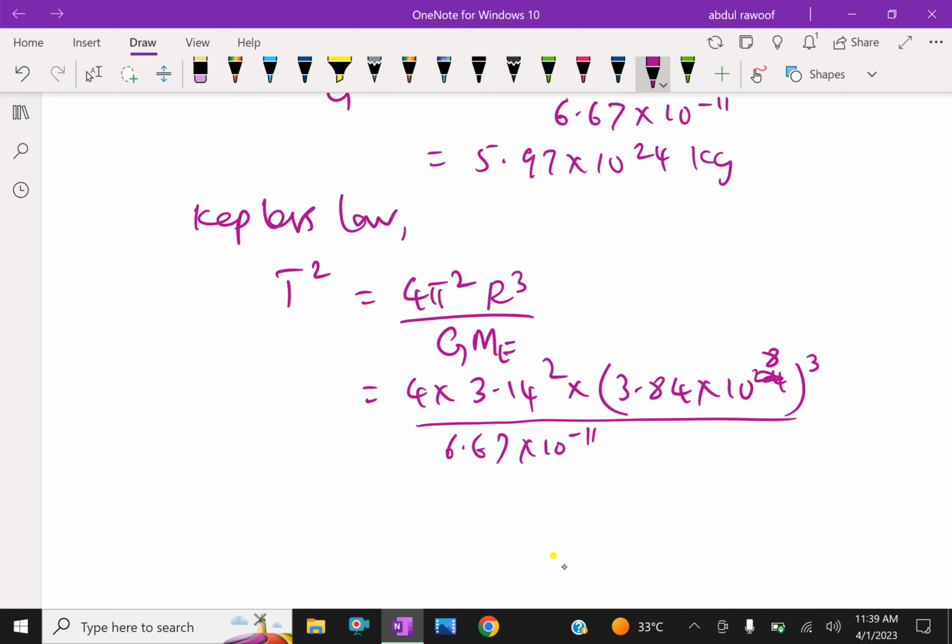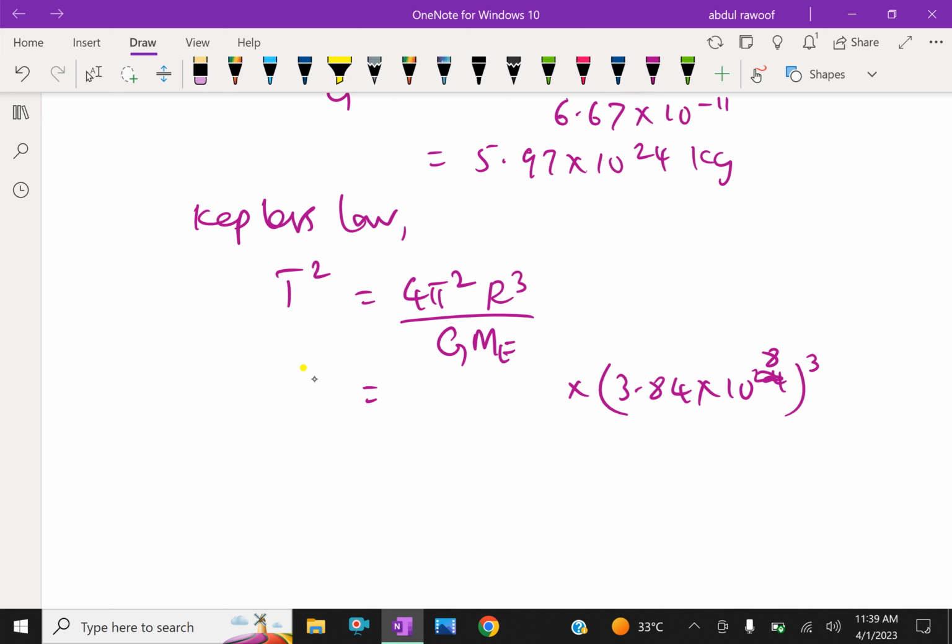Here it is not 24, this is 8. From that we have to calculate the mass of the Earth.